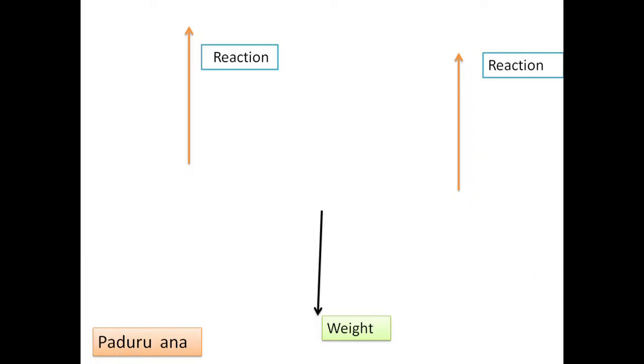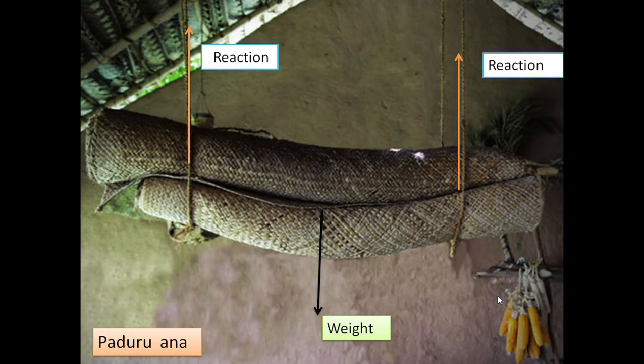What is the next example shown here? Right, we'll have a look. What is it? I don't know whether you all have seen a picture like this. Now you can see mats are hung using some ropes. This is called in Sinhala Paduru Ana. I don't know whether you have seen this Paduru Ana. You can see they use some ropes to hang these mats.